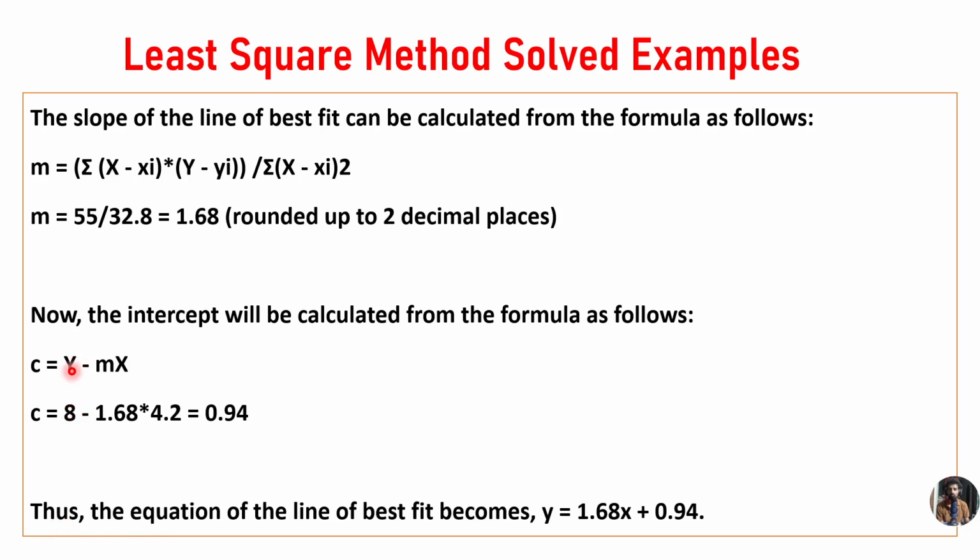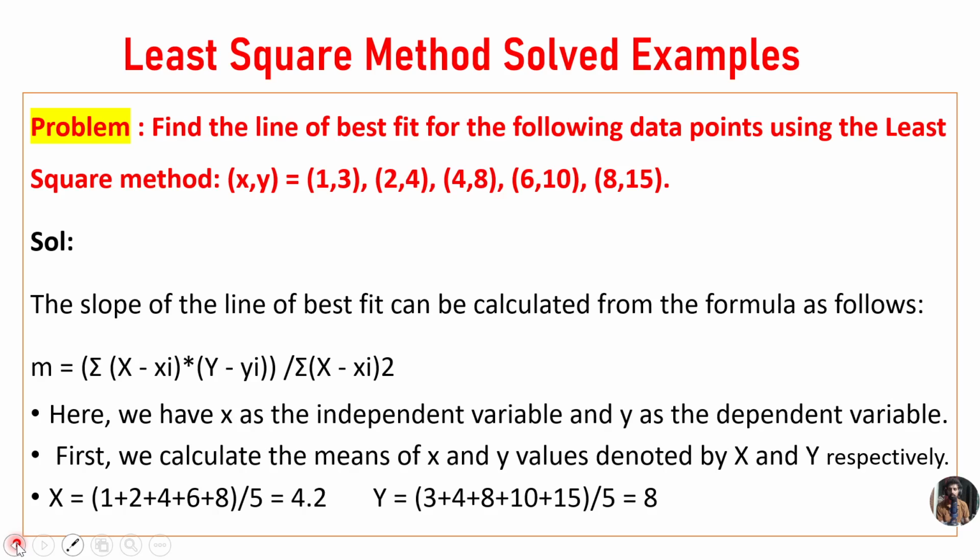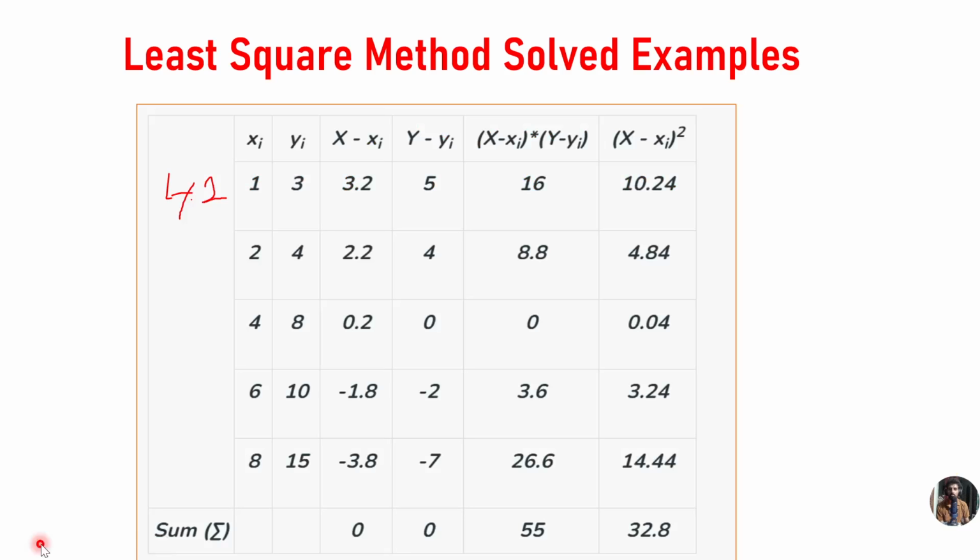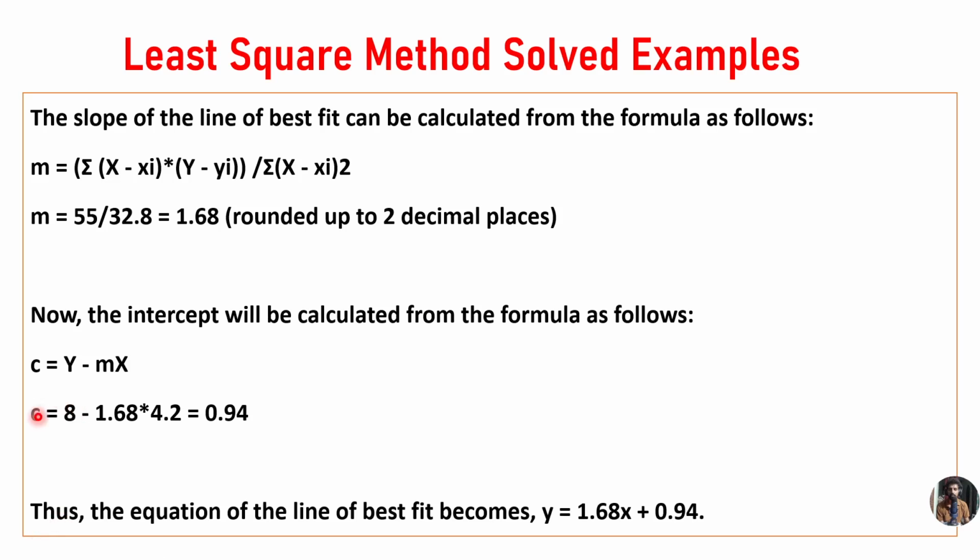So this is the way to calculate the least square method. We received the c value as 0.94. The formula is y is equal to mx plus c, where the m value is 1.68 and the c value is 0.94. So this is called a least square method example.